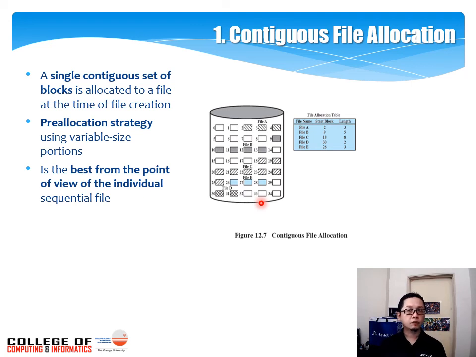From that information, the OS gathers the appropriate size that can be given to a file according to the pre-allocation determination of how many blocks can be used by the file.